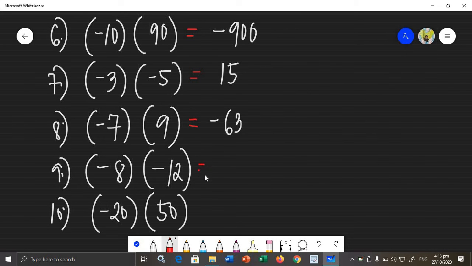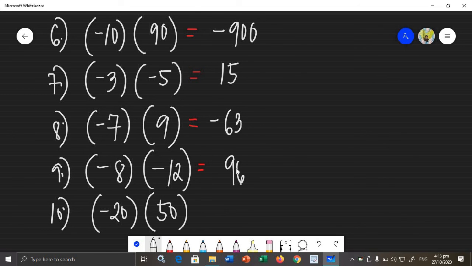Then example number 9: the given have the same signs, both negative, negative 8 and negative 12. Therefore, the sign of the product is positive. 8 times 12 is 96. 96 is positive because the given have the same signs.